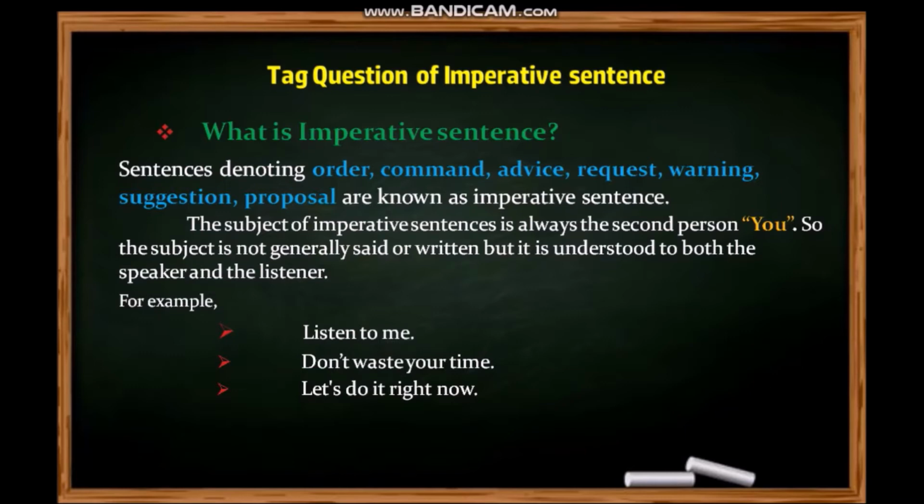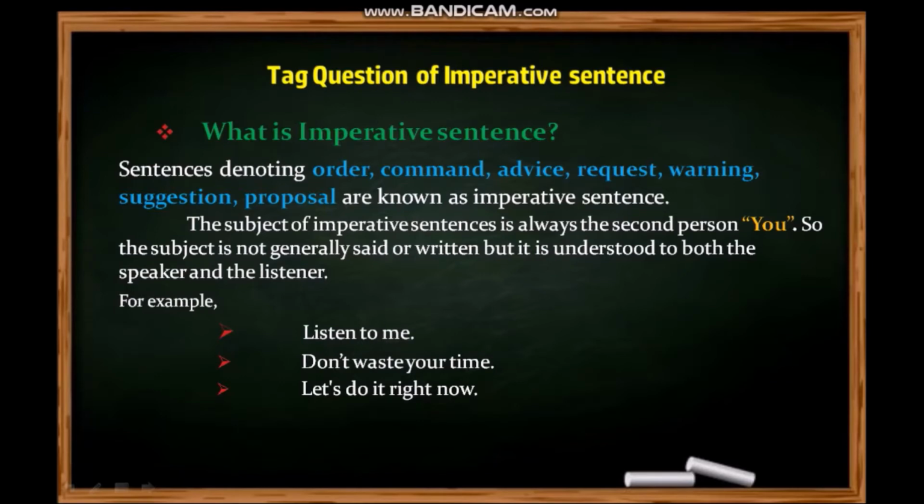Now, how can I form a tag question? Before forming a tag question, we should know there are two types of imperative sentences. The first is the positive meaning imperative sentence and the second is the negative meaning imperative sentence. If you look at the examples, the first one, listen to me, is an order and the meaning is positive, right?